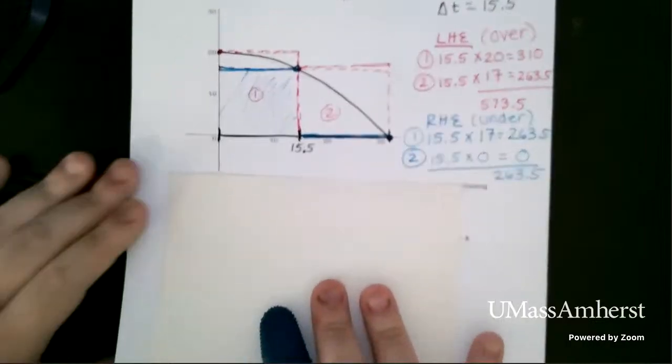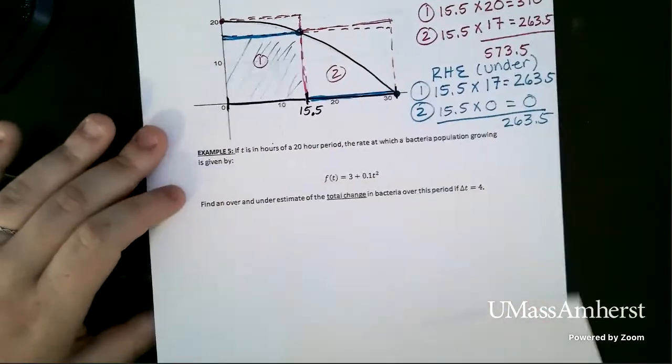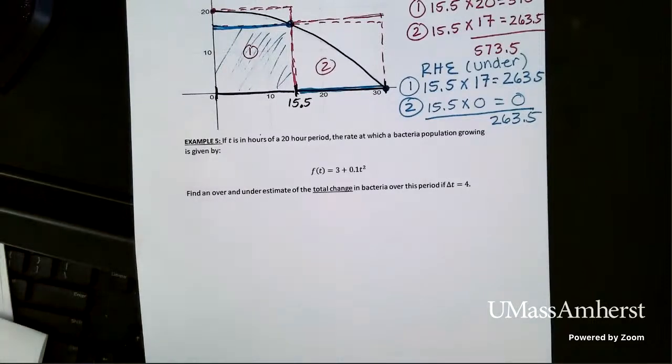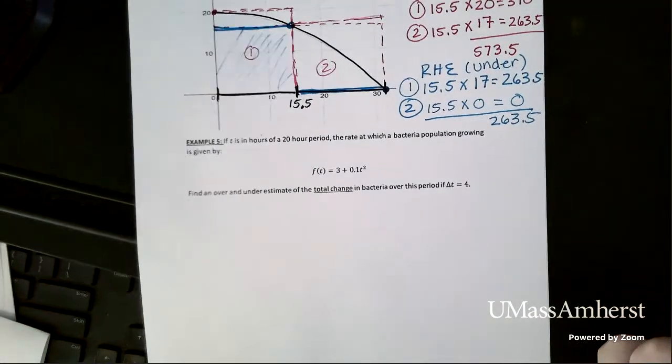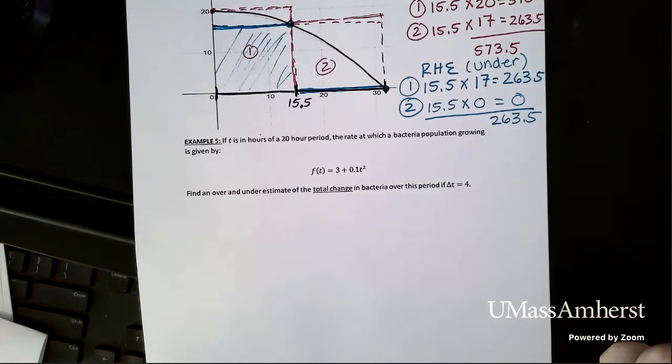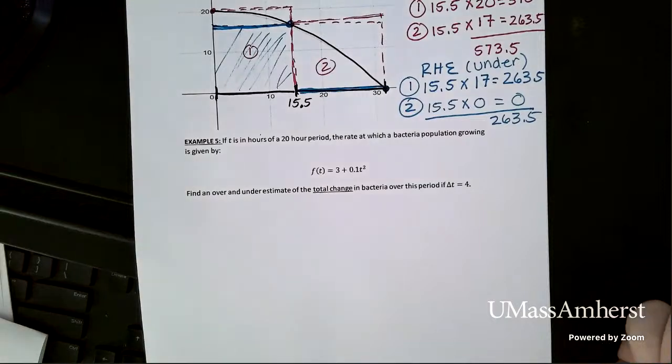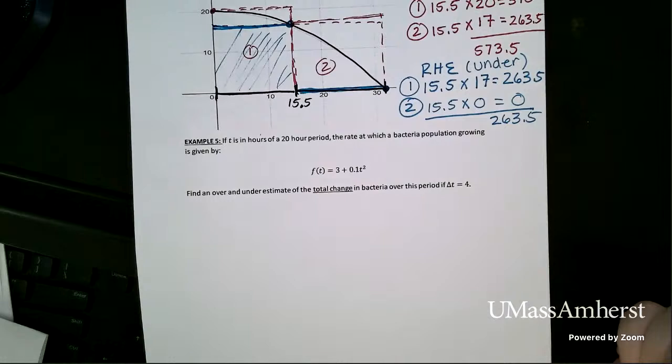Another way that we might see this is with a formula. Here we have, if t is in hours of a 20-hour period, the rate at which a bacteria population is growing is given by f of t equals 3 plus 0.1 t squared.